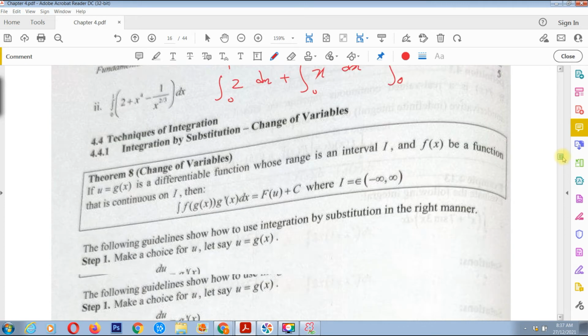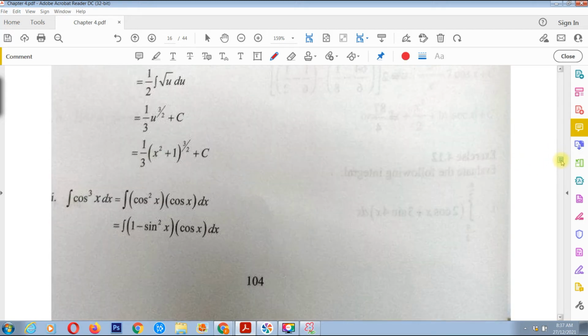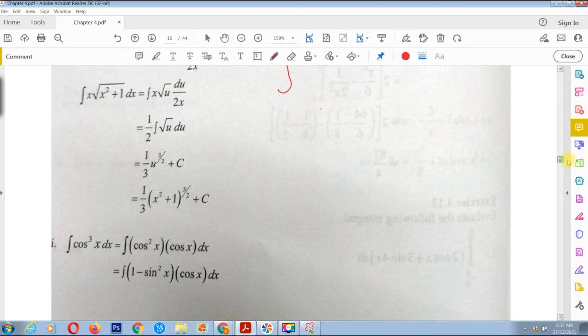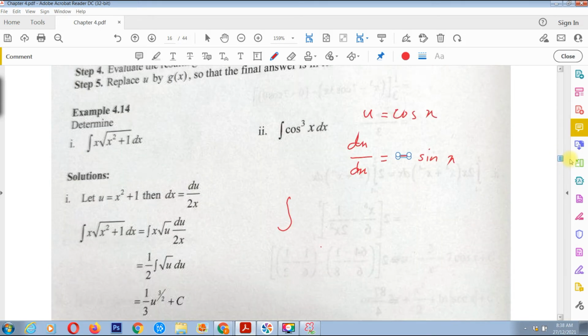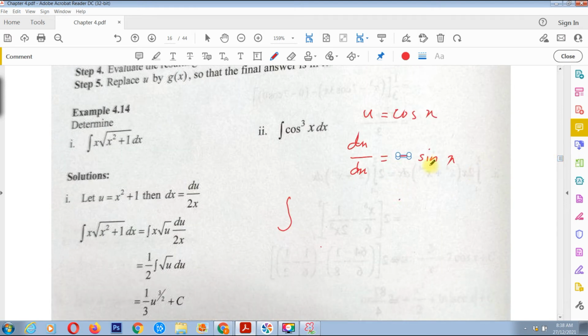So now we have du, but we don't have sin here. You need to modify first.